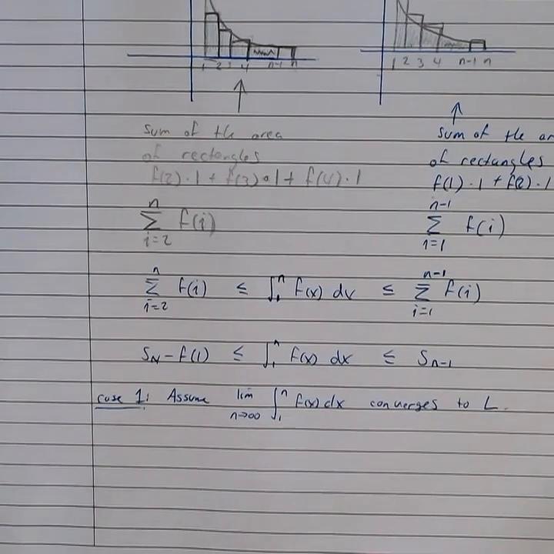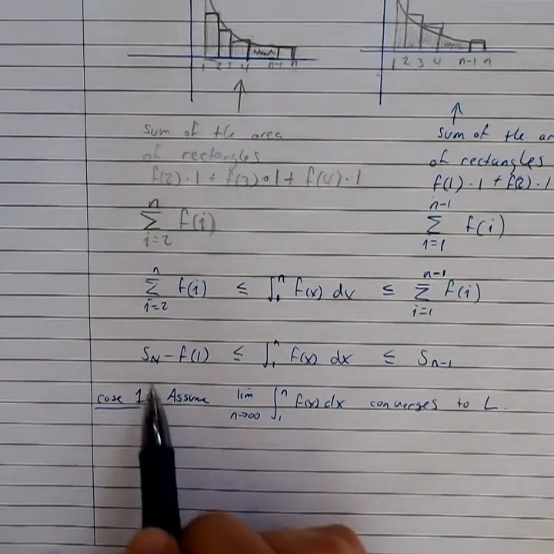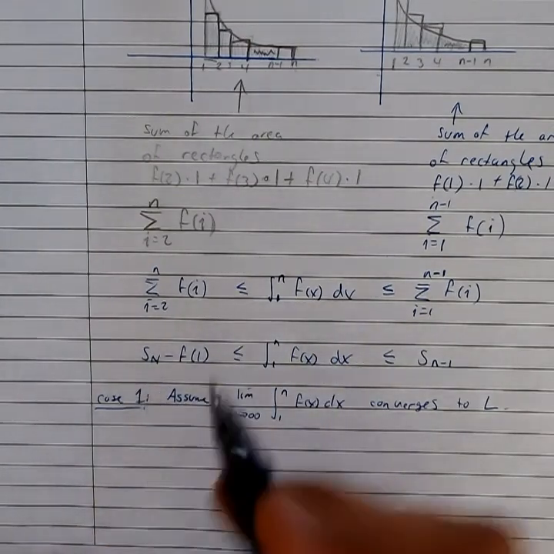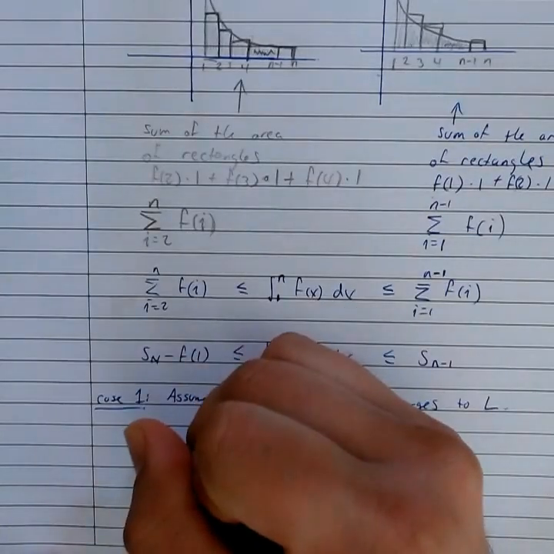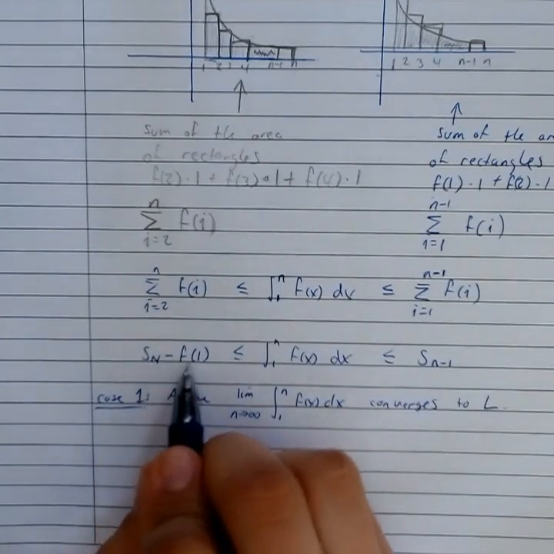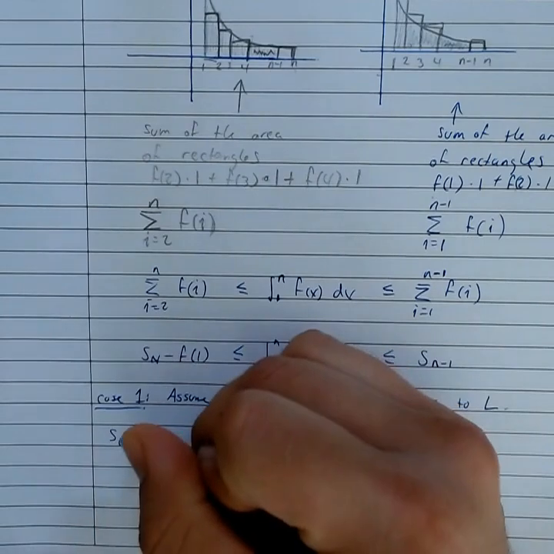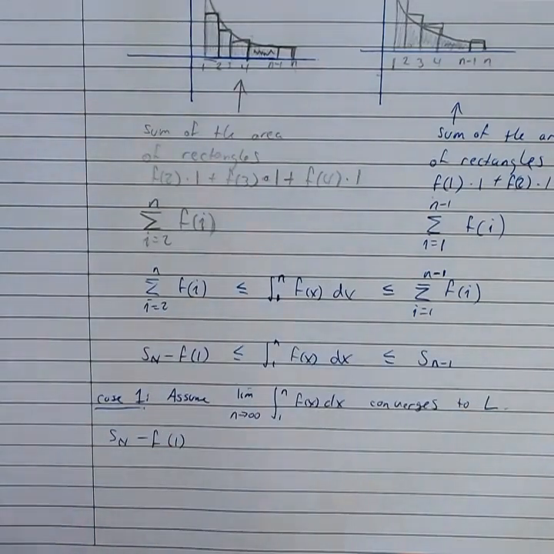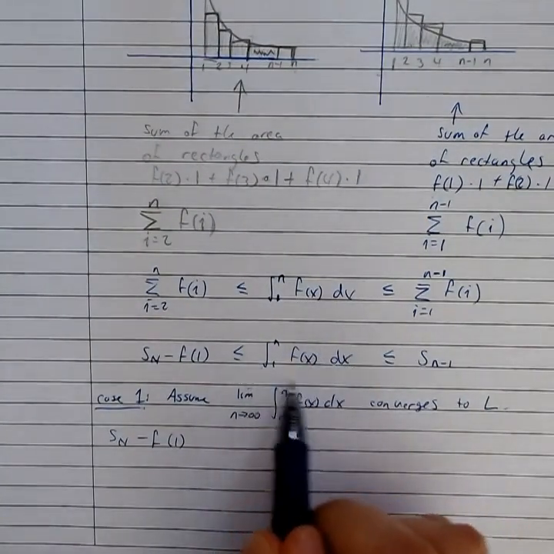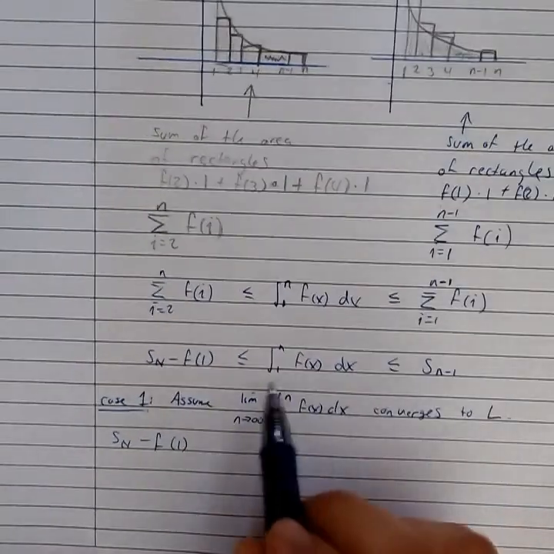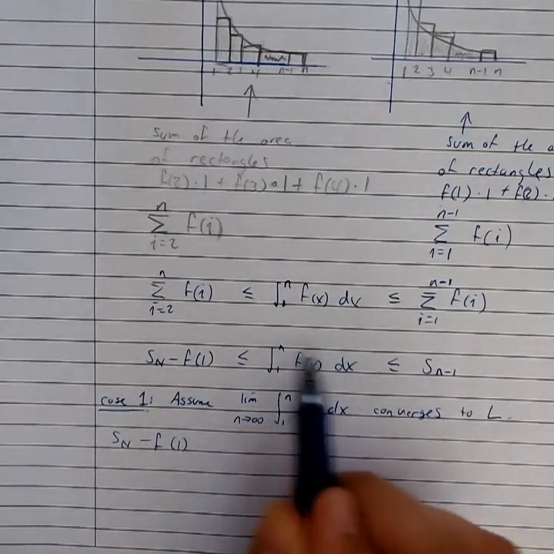Well, if that converges, that means that if I look at this right-hand side, my s sub n minus f of 1, this I know will converge to L. But this is always less than or equal to this.